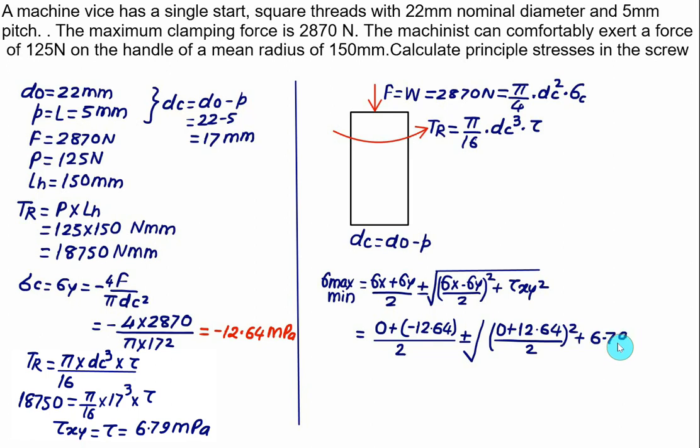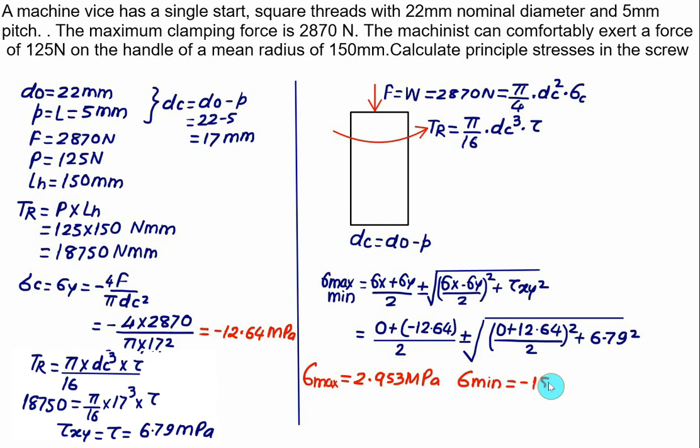Again you have to take a square of it. Considering the positive sign, we get one value of the stress that we call sigma maximum, equal to 2.953 megapascal. And considering the negative sign, we get sigma minimum equal to minus 15.6 megapascal.